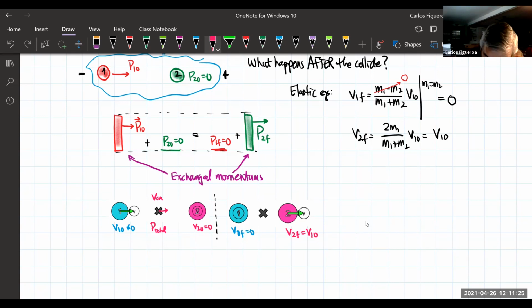And at the same time, this guy still has V center of mass, total momentum going to the right. That's what we're seeing right there. So there's a redistribution.